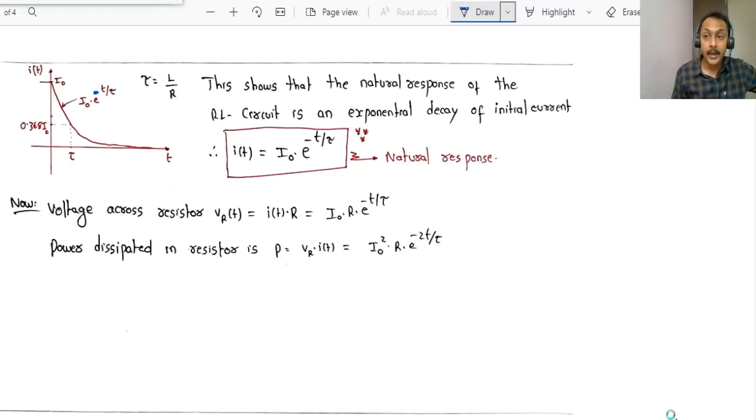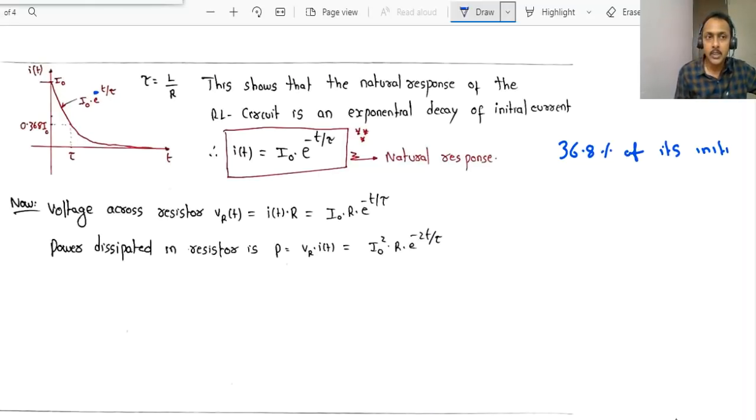Now, the time taken for the initial value to decay to 36.8% of its initial value, that time period we can treat as the time constant tau. Clear?